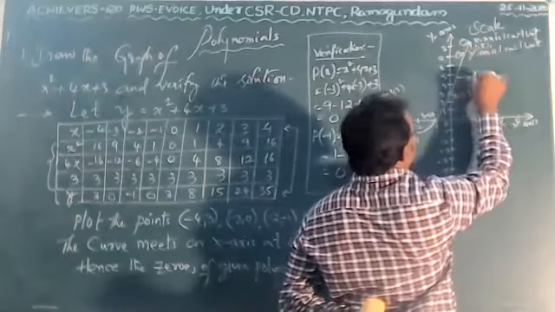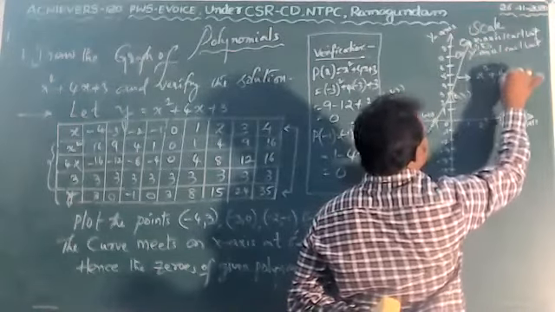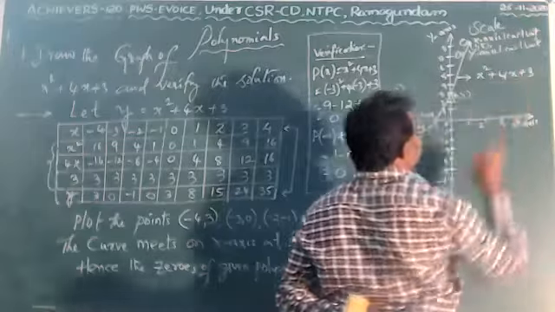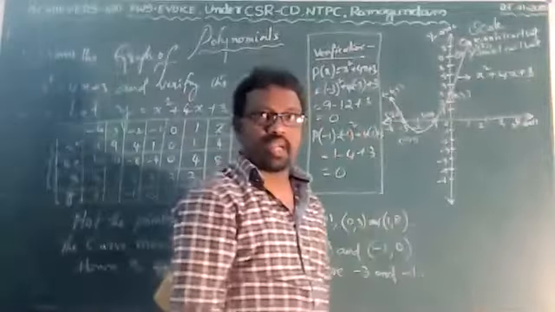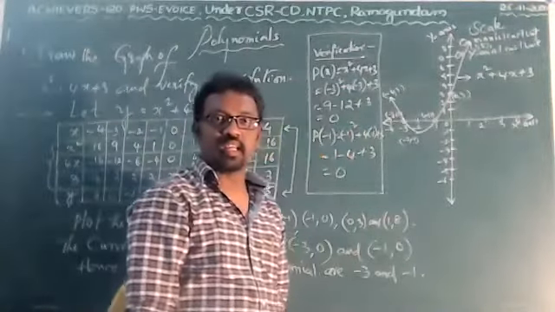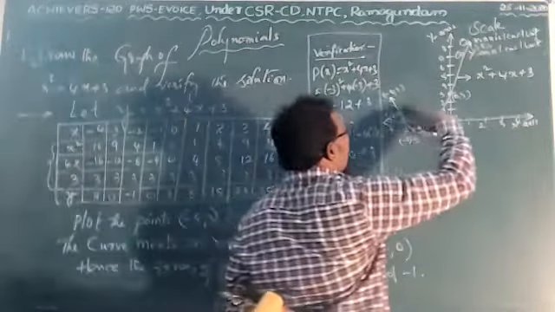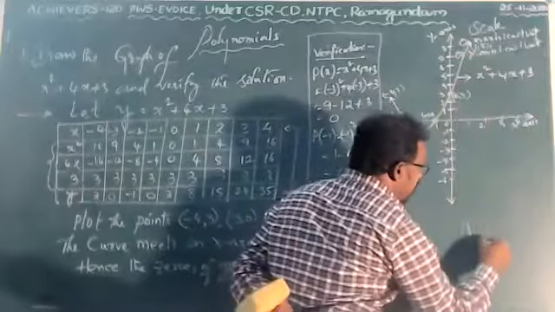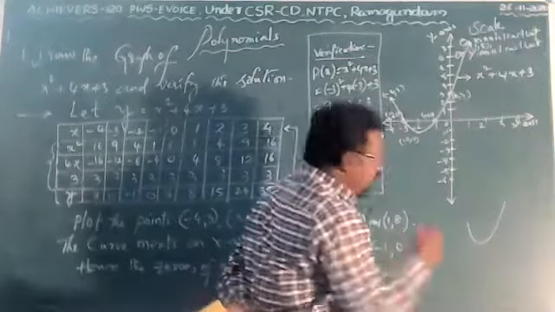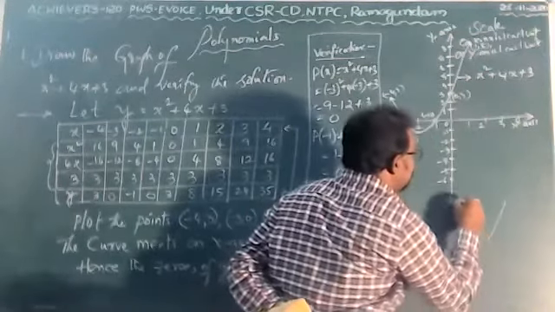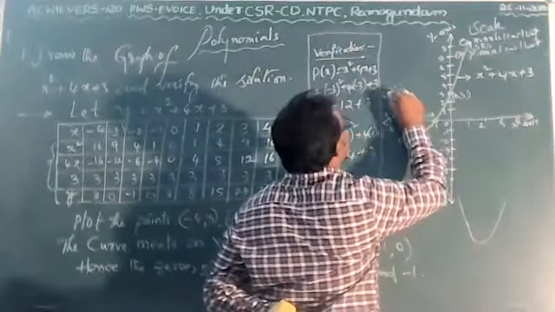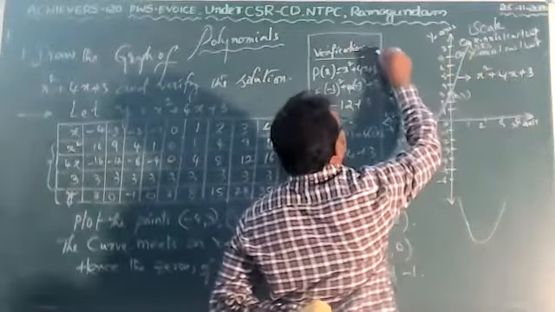And this one you have to write: x square plus 4x plus 3. And this is called a parabola. You can even extend it like this, up to here.